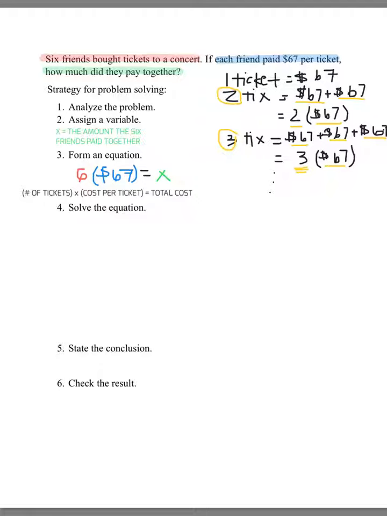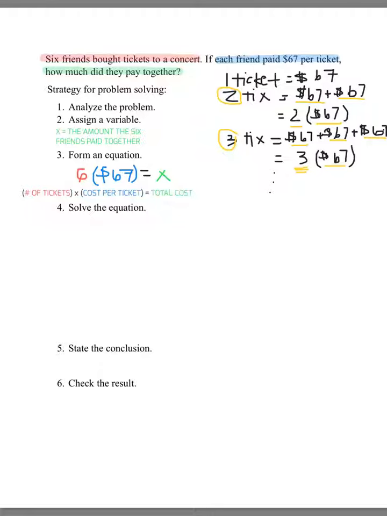So the number of tickets in this problem is going to be 6. The cost per ticket, that's represented in blue, and we know that cost to be $67 per ticket. And that's going to be equal to the total cost, which is actually what we're trying to find in this problem, and is represented by the color green.